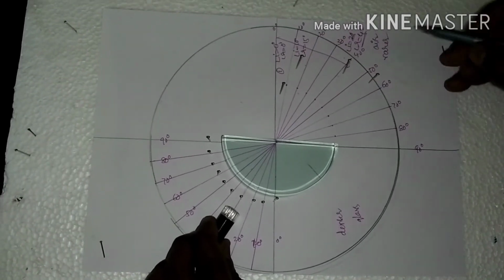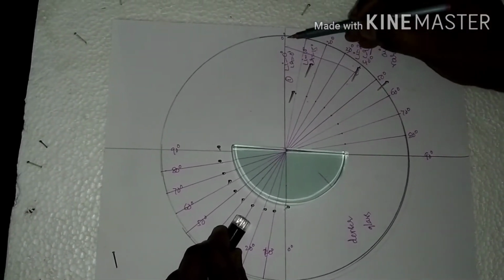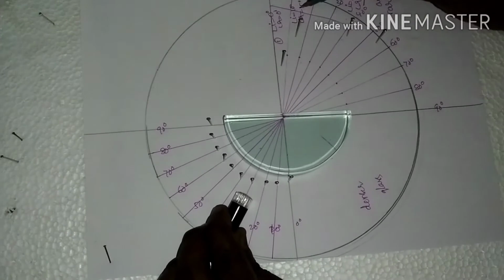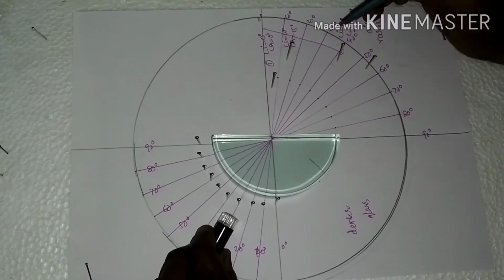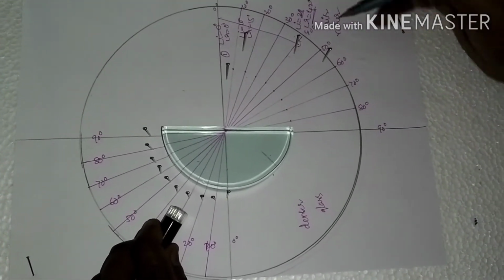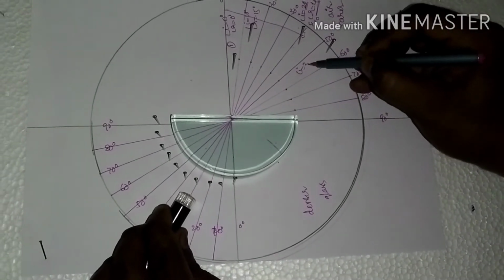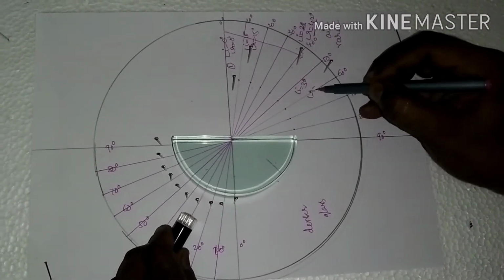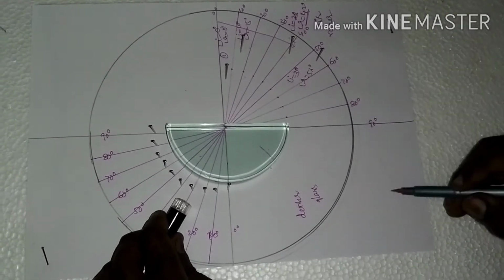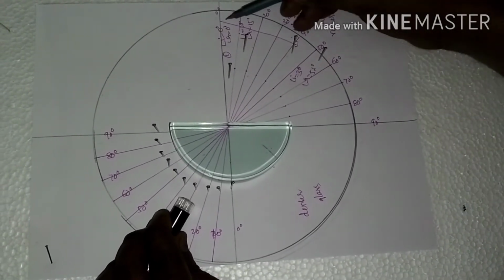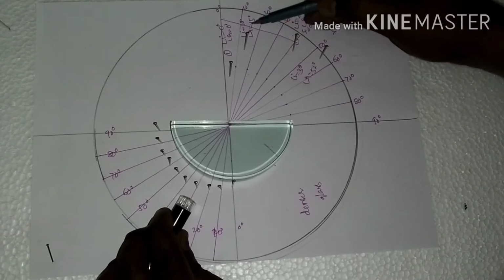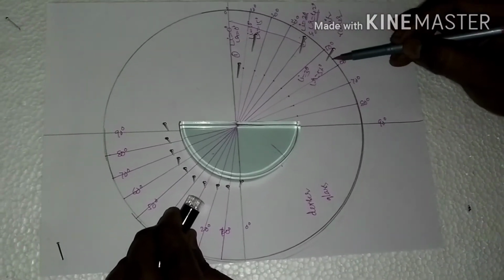Now, first 0 degrees is over, second case 10 degrees is over, third case 20 degrees is over, and in this case angle i is equal to 30 degrees, angle r approximately 56 degrees. What does it mean? We are calculating the angle between the normal and the refracted ray.